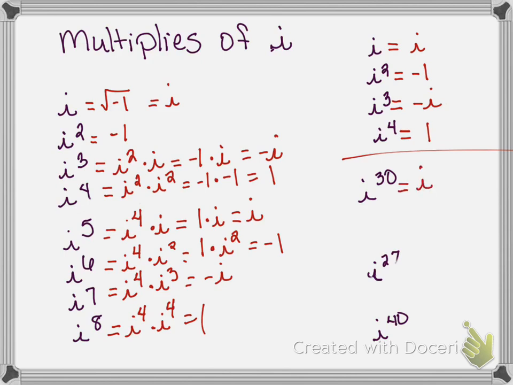So I have i to the 28th, because that's a multiple of 4, times i squared. I can mark this out completely because what does that simplify to? A 1. i to the 28th is a multiple of 4. So I am left with positive 1. And we know what i squared is. Negative 1.